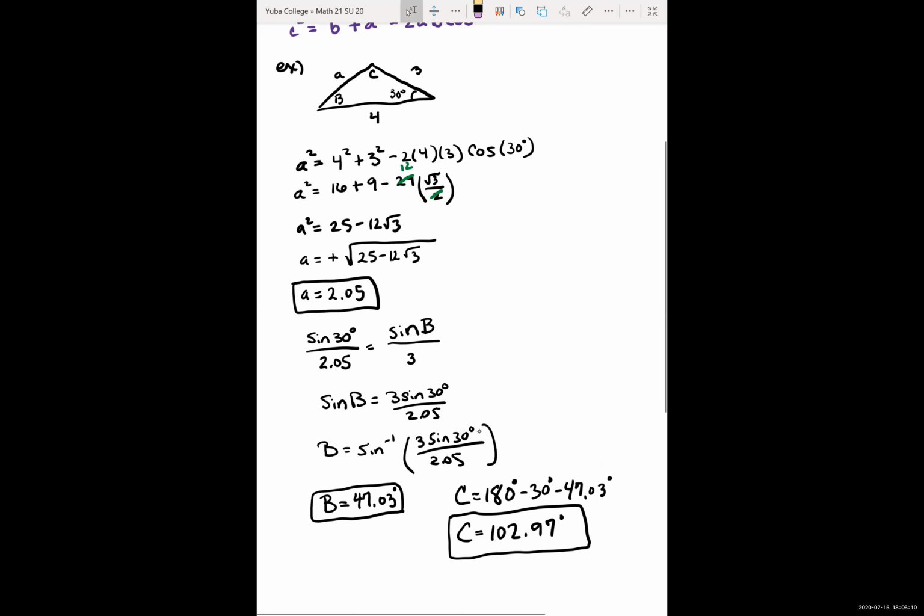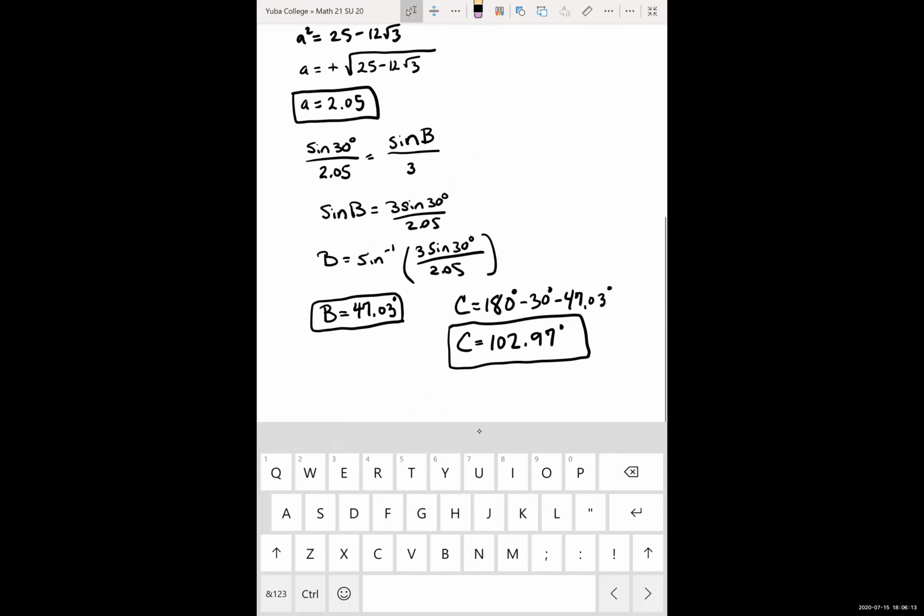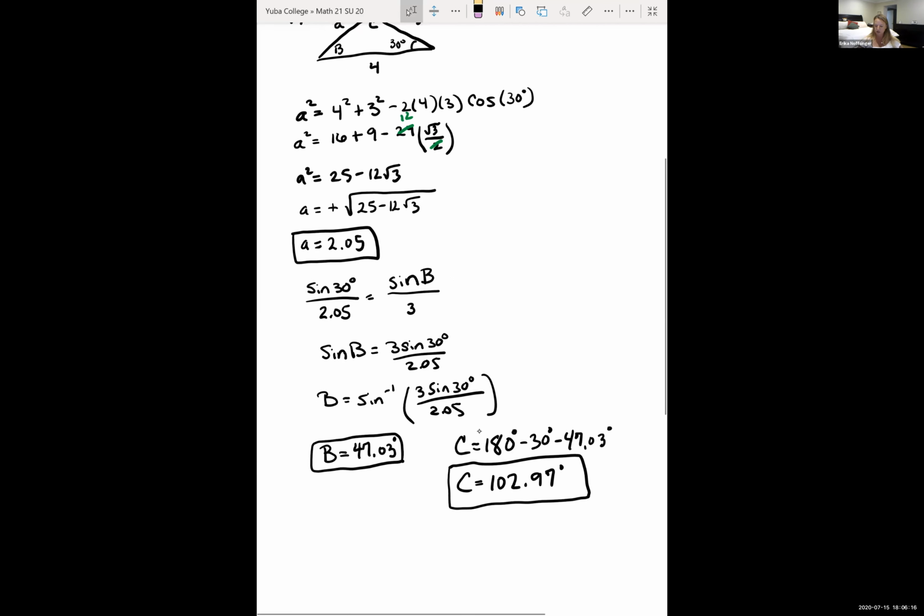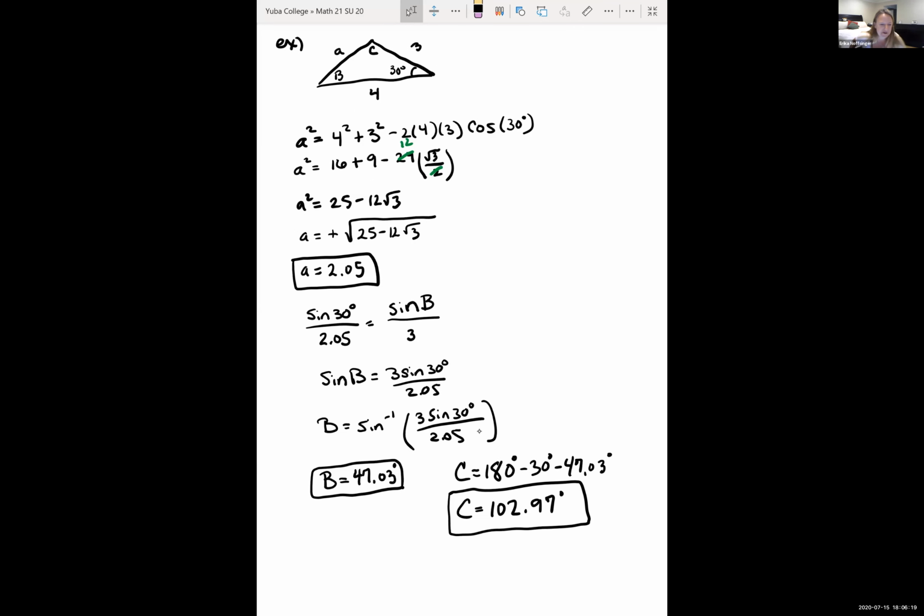I'm trying to go along with you on my calculator, and I'm getting a different answer than you. Okay, make sure your calculator is in degrees mode. At first you just did 3 sine 30 divided by 2.05 and then put it into sine inverse. Make sure it's sine inverse, not 1 over that number. Did you get the 0.73?